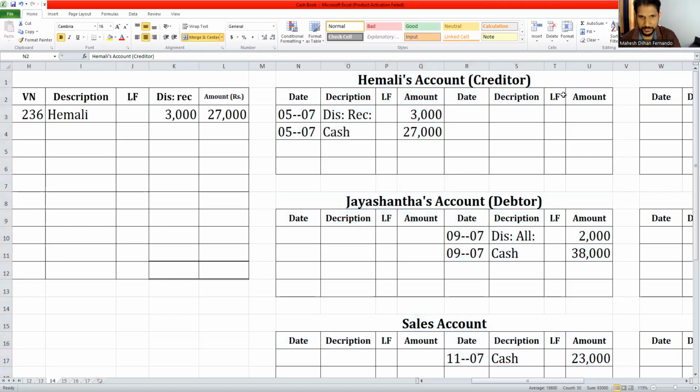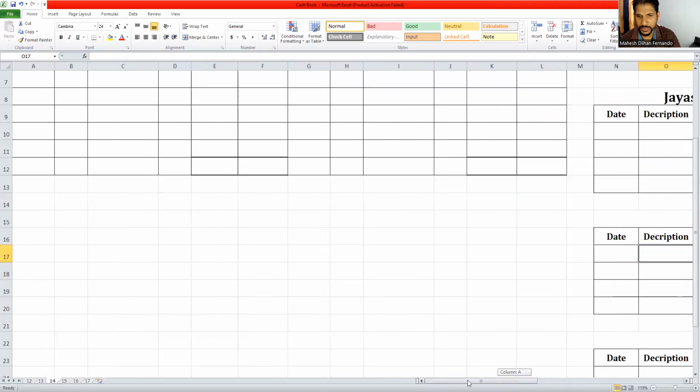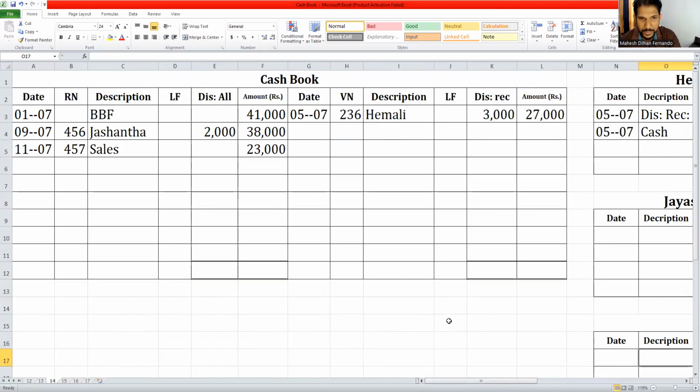Then we have a cash purchase. Cash purchase, it's a payment. 15th July, voucher number 237. Purchases 38,000.